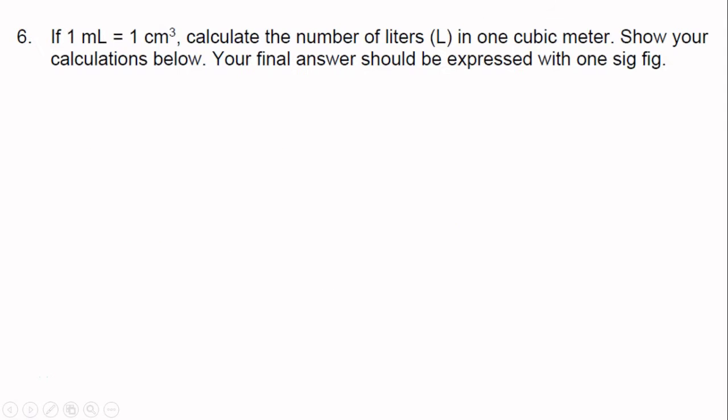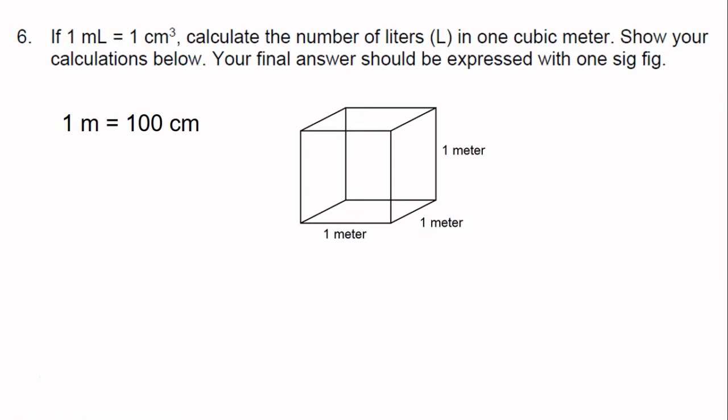All right, number 6. It says if 1 milliliter is equal to 1 cubic centimeter, calculate the number of liters in 1 cubic meter. So we'll know that in linear dimensions, so not volume but just a straight line, there are 100 centimeters in 1 meter. But if we have a cubic centimeter, I need to actually multiply 100 times 100 times 100, or 100 cubed.